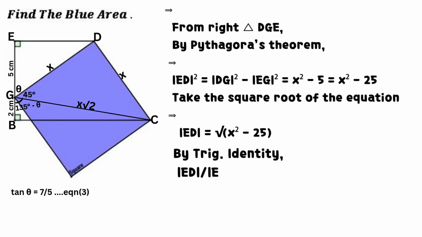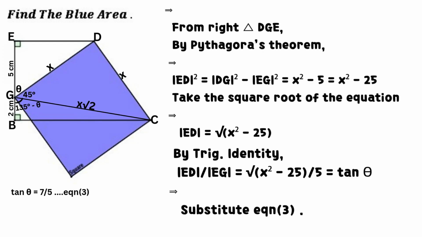By trigonometric identity, line ED divided by line EG equals the square root of x squared minus 25 divided by 5, which equals tan theta. Hence, substitute equation 3.